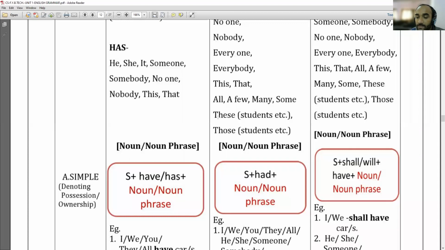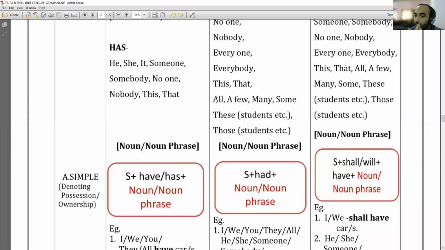This is the sentence structure for the sentence showing the possession in the future or ownership in the future.